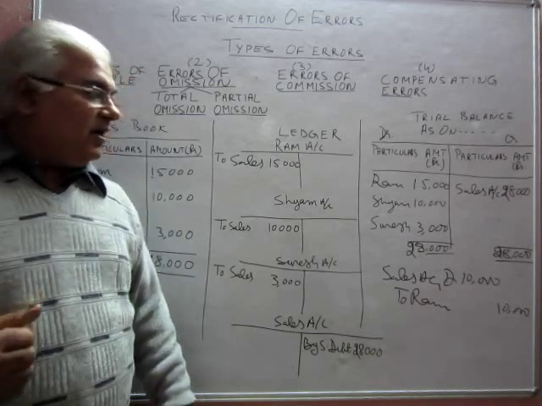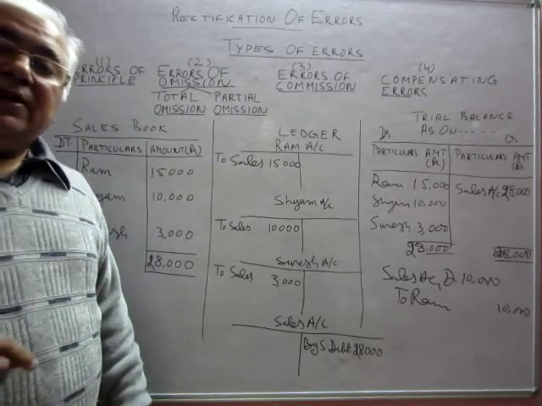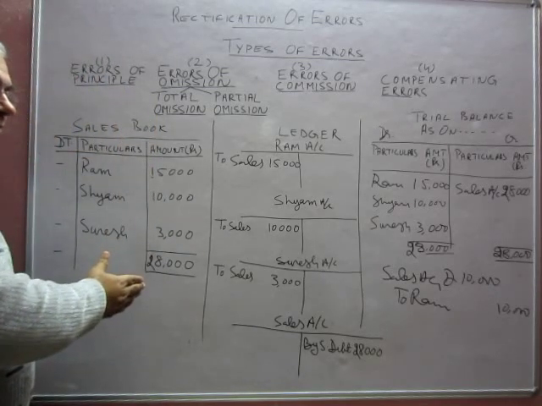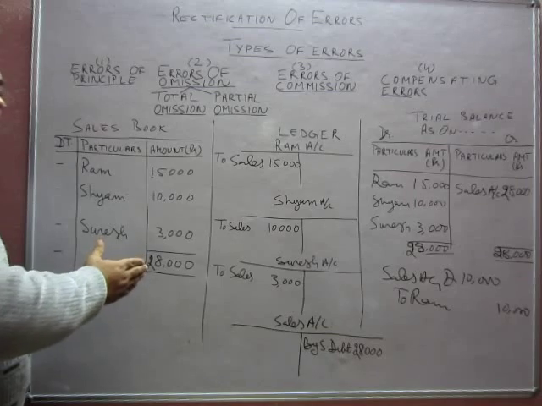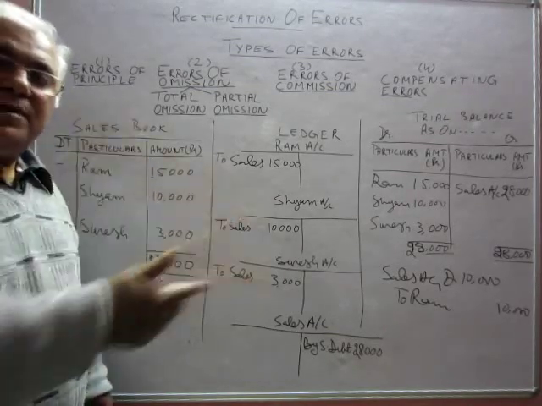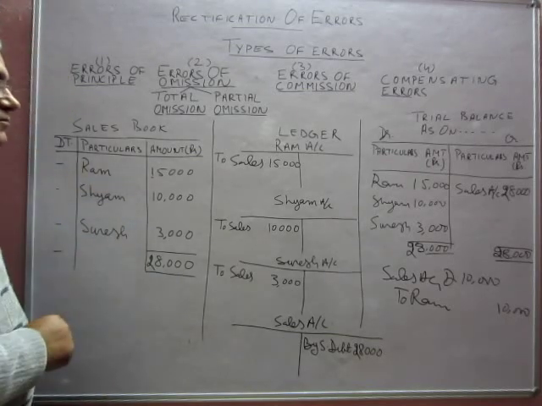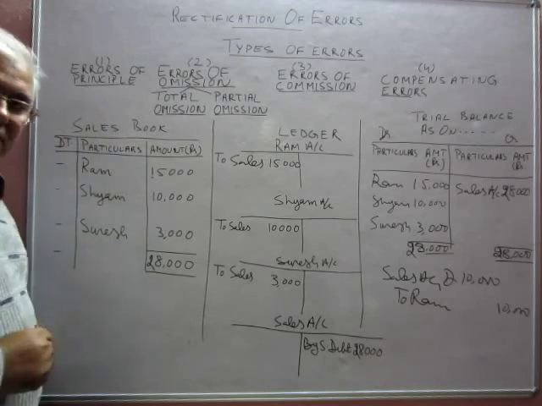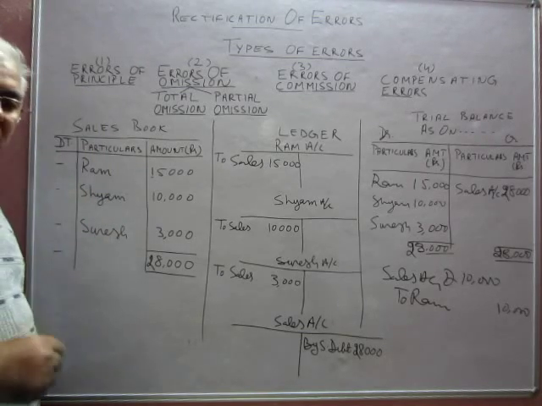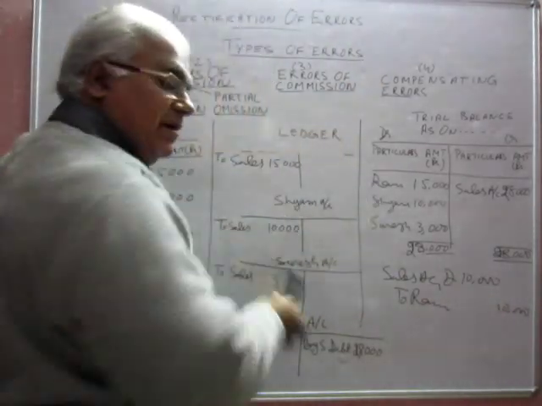Okay. Now the second kind of error of commission could be that you have recorded it properly here, but instead of debiting the right person, you have debited the wrong person. For example, you made sales to Ram of 15,000, but you debited it to, say, Ramesh's account.